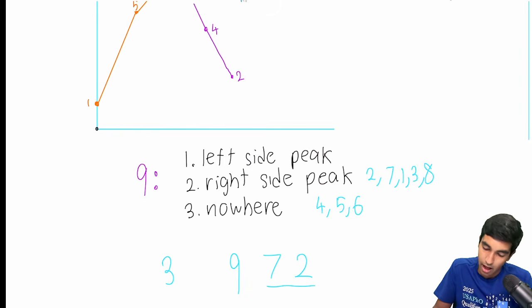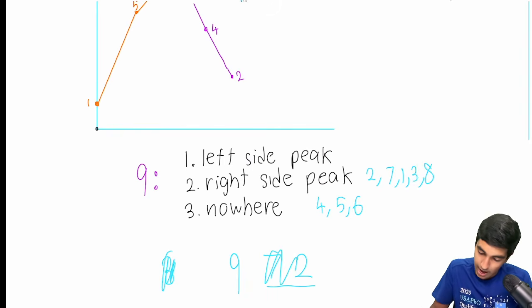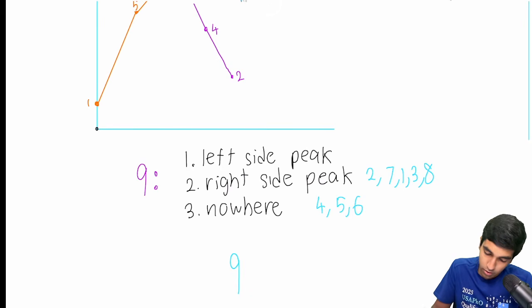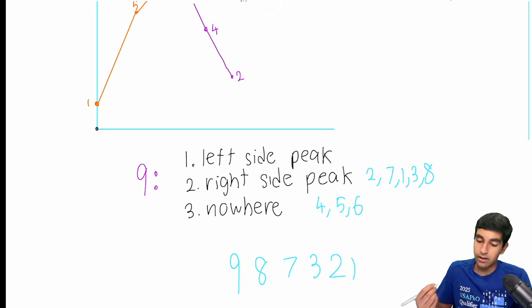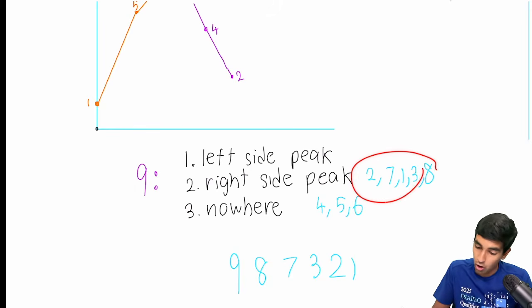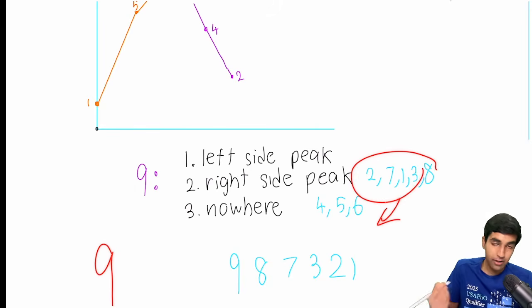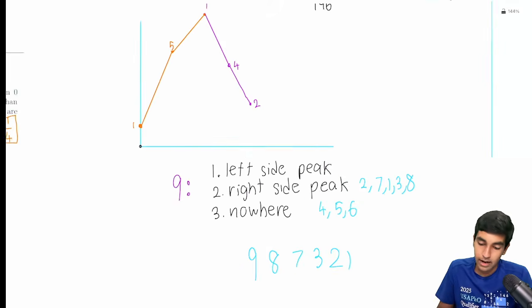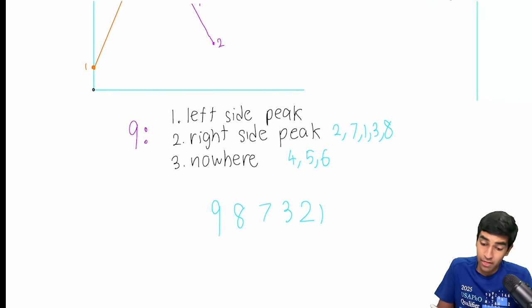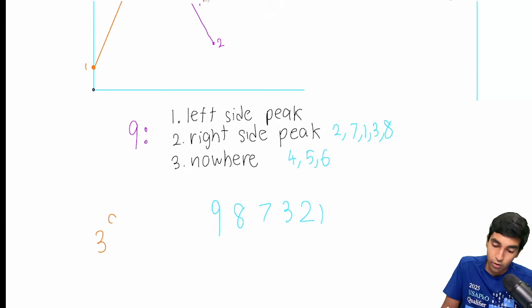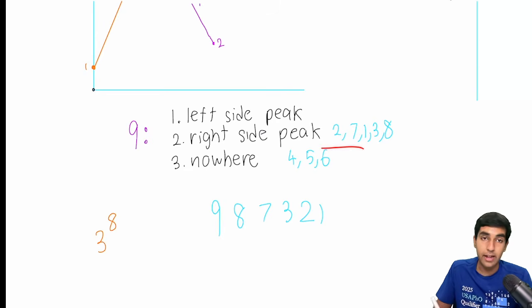And then we would just have 9, 8, 7, 3, 2, 1. And that would be a perfectly valid number. We can also put all of them into nowhere. That's perfectly fine. And we would just get 9. That works, right? So the number of ways here is just 3 to the 8. 3 choices for each of our numbers from 1 to 8.